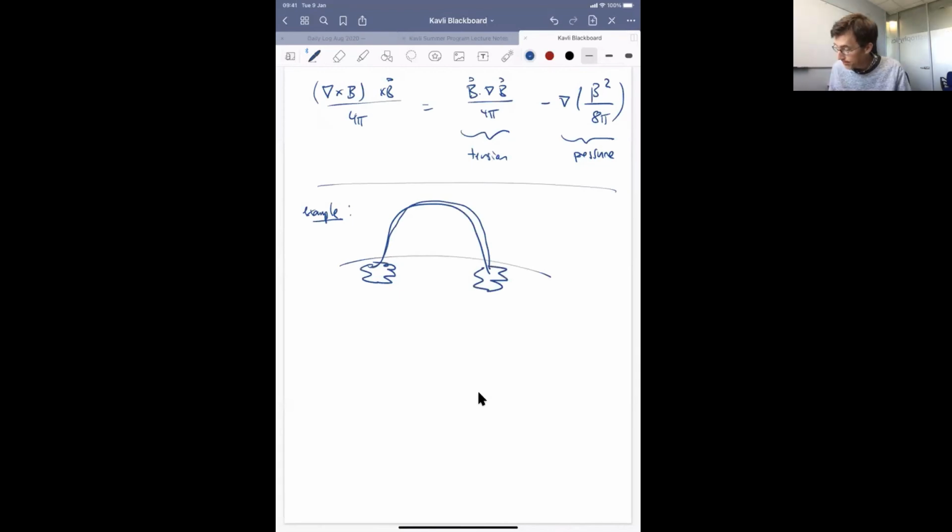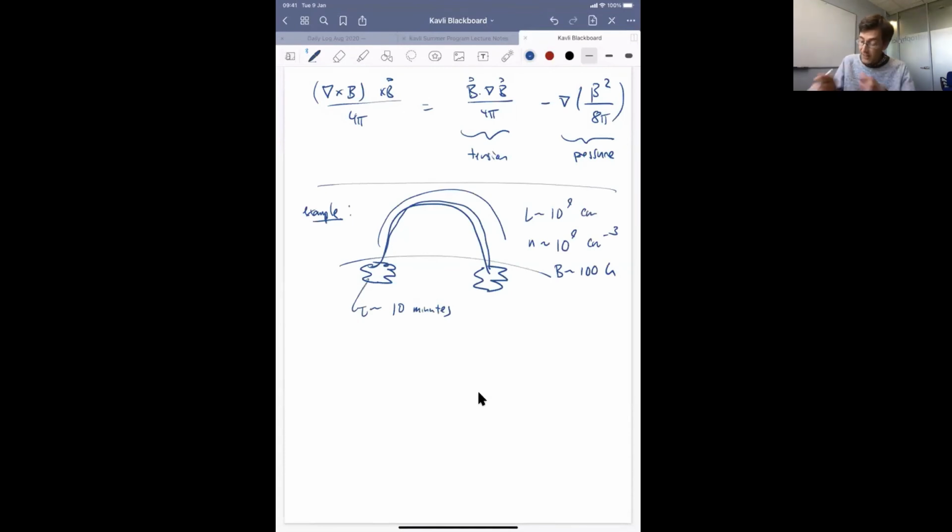It's got some characteristic length, let's say 10 to the 9 centimeters, and some characteristic number density, say 10 to the 9 per cubic centimeter, and B of maybe 100 Gauss, just to pick a number. Let's say the convection is dragging it around on a time scale of order 10 minutes. So the question is, does that convective dragging lead to waves that propagate down this loop or not?